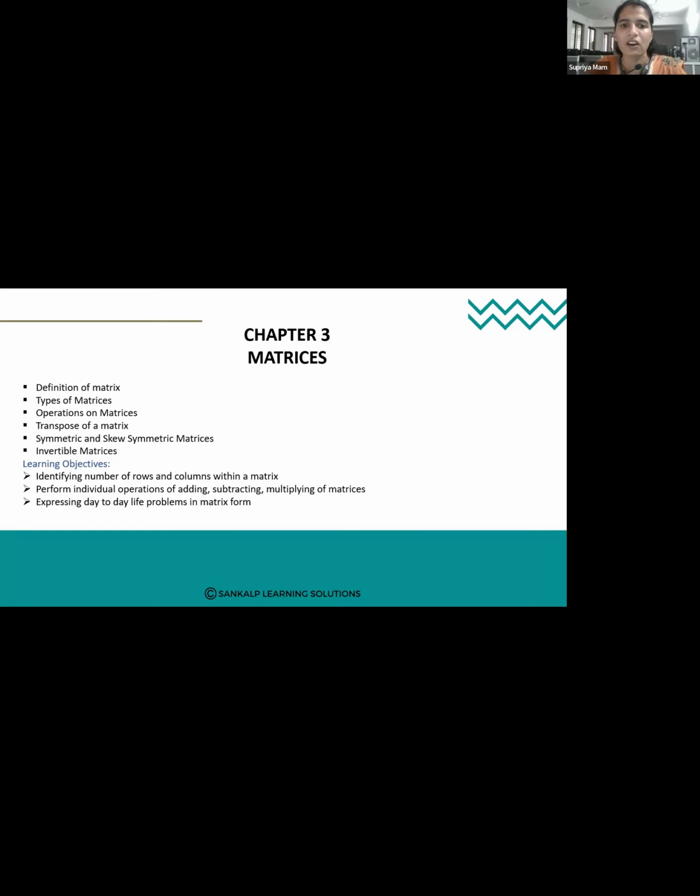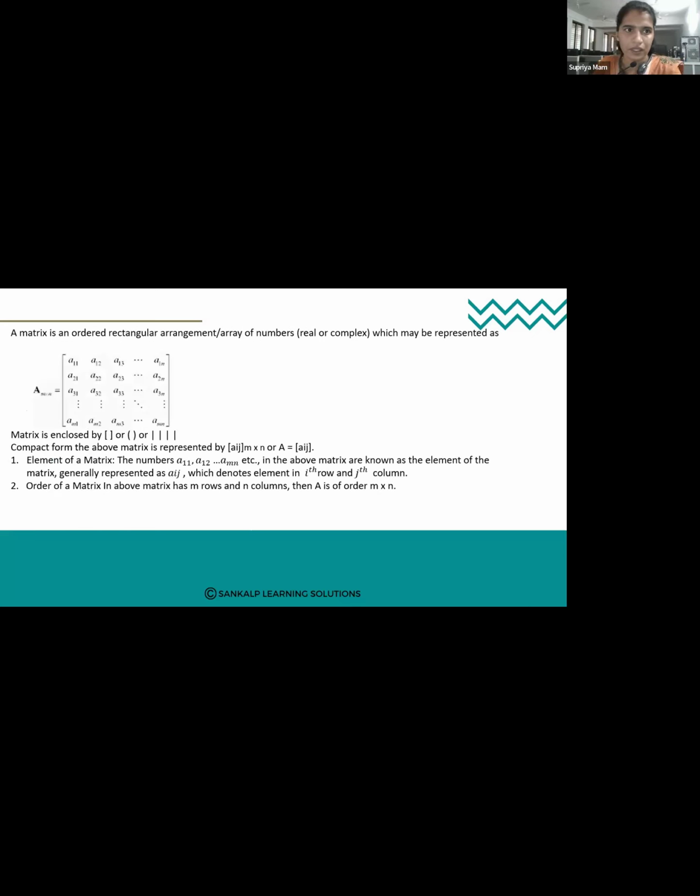What is the meaning of the matrix? A matrix is a rectangular arrangement of numbers or functions enclosed within square bracket.